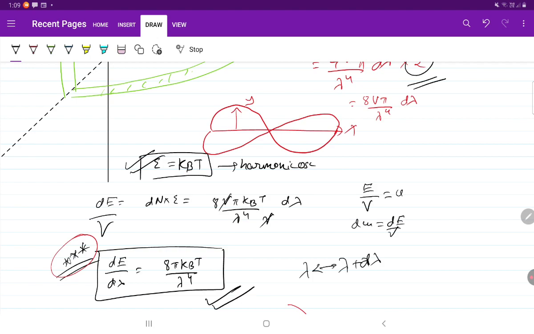Finally they will ask you to plot a graph, and they will possibly give you a sample graph and ask in which region the Rayleigh-Jeans graph actually fits well.